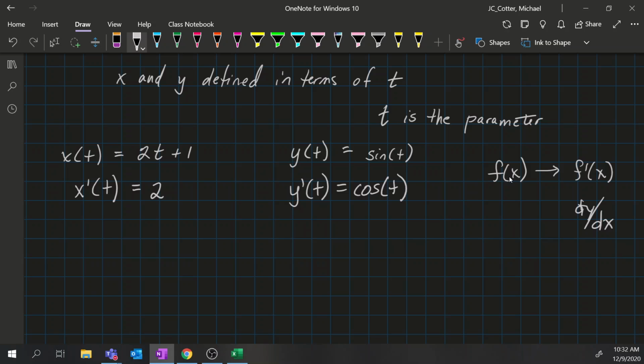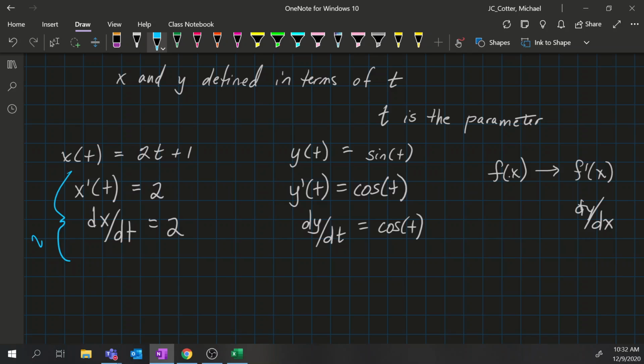Okay? Now here, we don't have the rate of change of y and x, we have the rate of change of x versus t, so we can call this dx dt equals 2, and the other one we can call dy dt equals cosine t. So I didn't actually take any derivative there, I'm just showing that there's two ways of writing this, right?